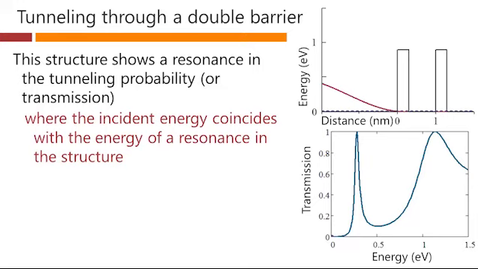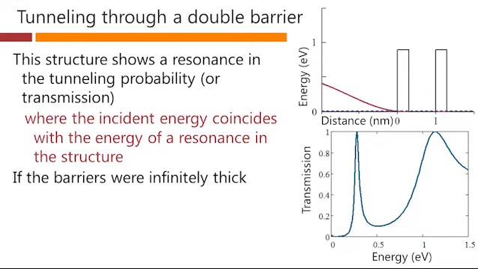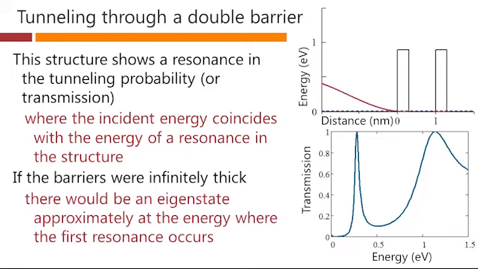And that resonance corresponds essentially to fitting in integer numbers of half waves inside this structure here. And we also get a resonance up above the top of the structure. It still sees reflection of these barriers here. So this is like a little resonator with mirrors in it. If the barriers were infinitely thick, there would be an eigenstate at approximately the energy where this first resonance occurs.